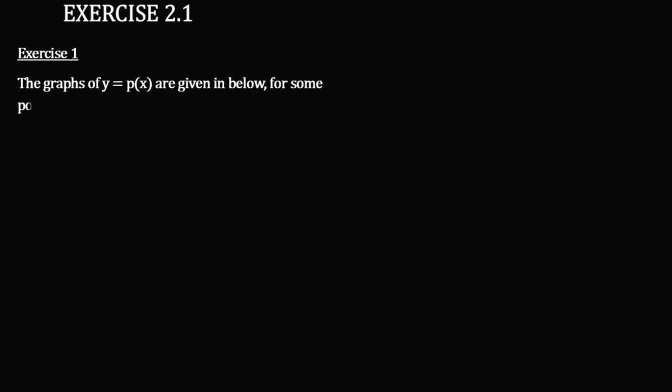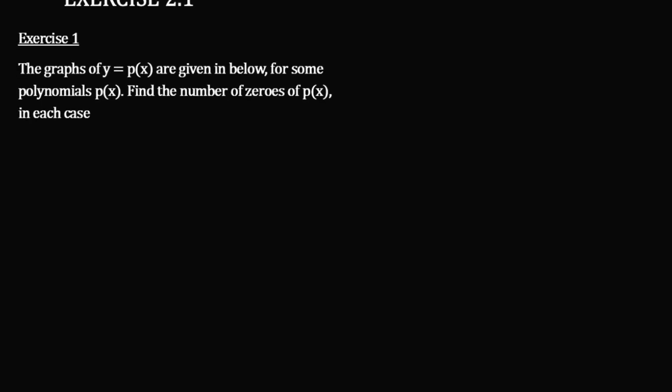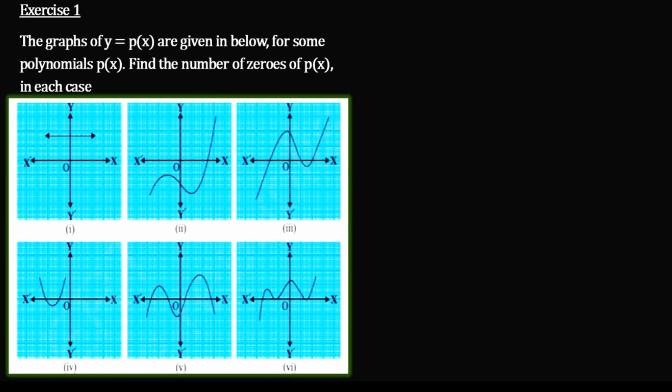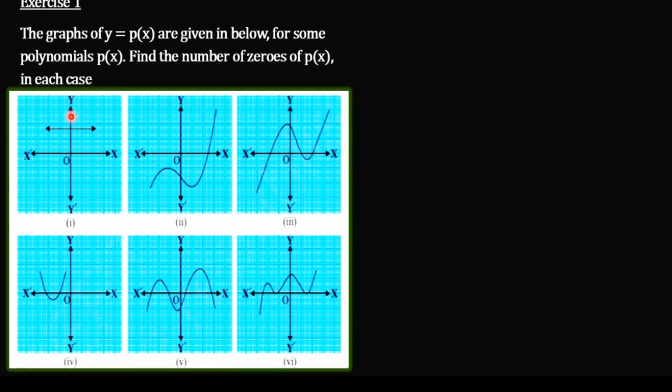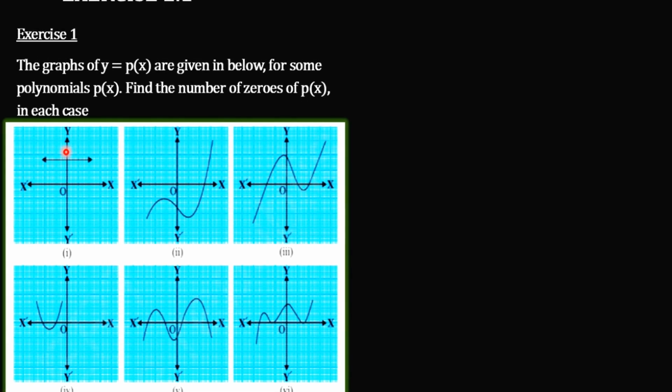So the next problem, it's an exercise. The graphs of y equal to p of x are given below for some polynomial p of x. Find the number of zeros of p of x in each case. So this is the graph, and we have to find the number of zeros of the polynomial. At first, look at this graph.